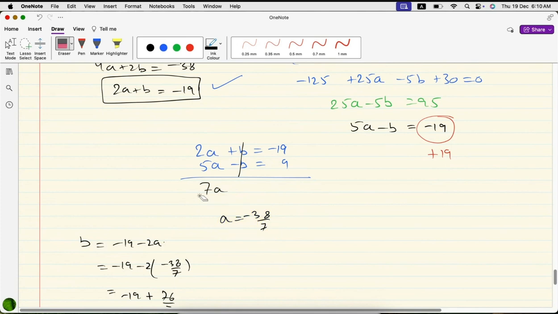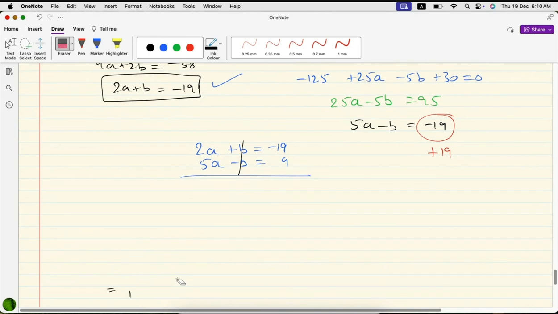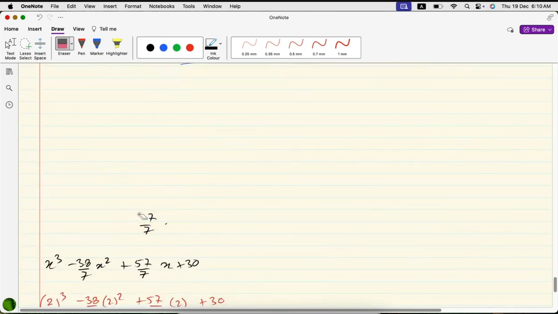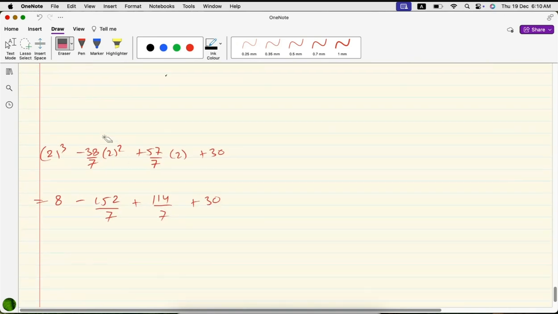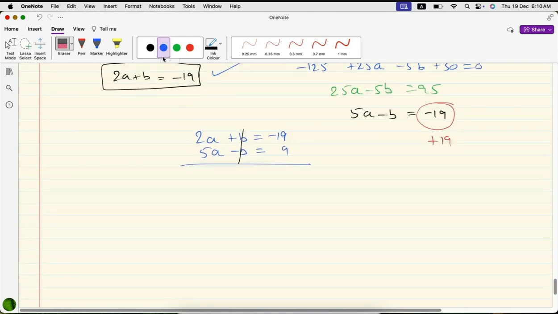This was plus 19. That was plus 19. So we get 7a equals 0, a equals 0.